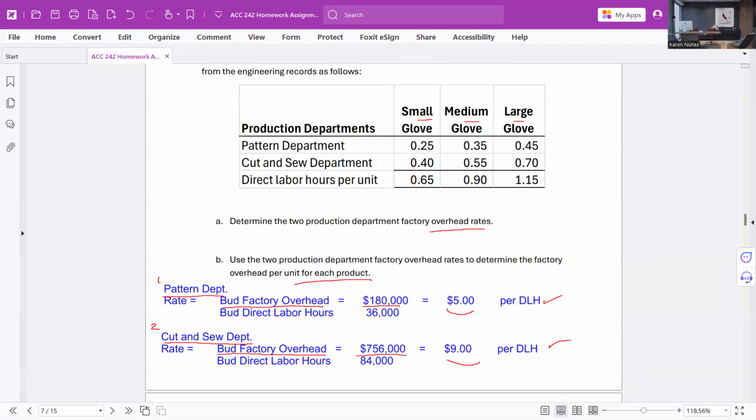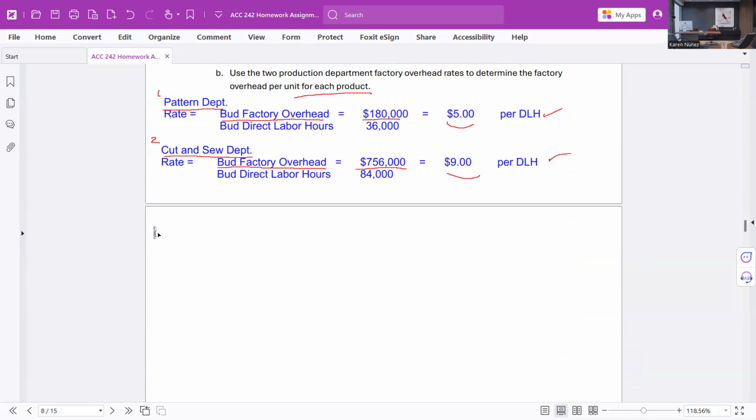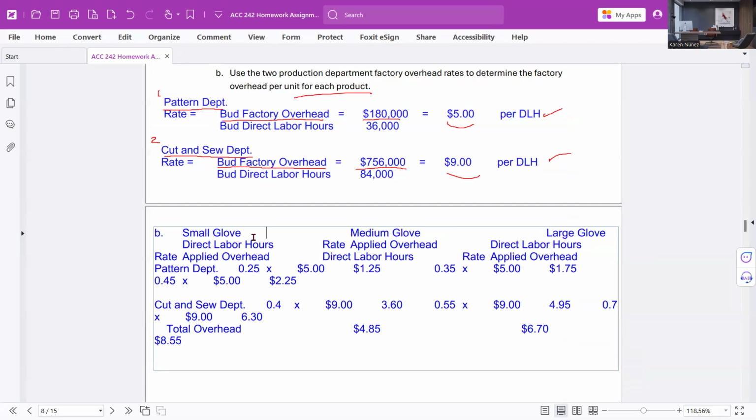So let me see if I can get all of this in here, but we certainly will try. If not, we'll do it one at a time. Okay, I don't have a lot of room here, but let's abbreviate some things, and that'll make it a little bit easier.